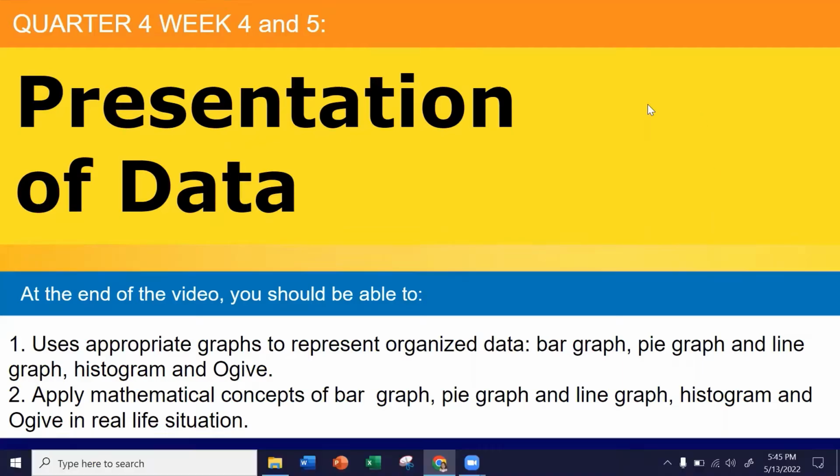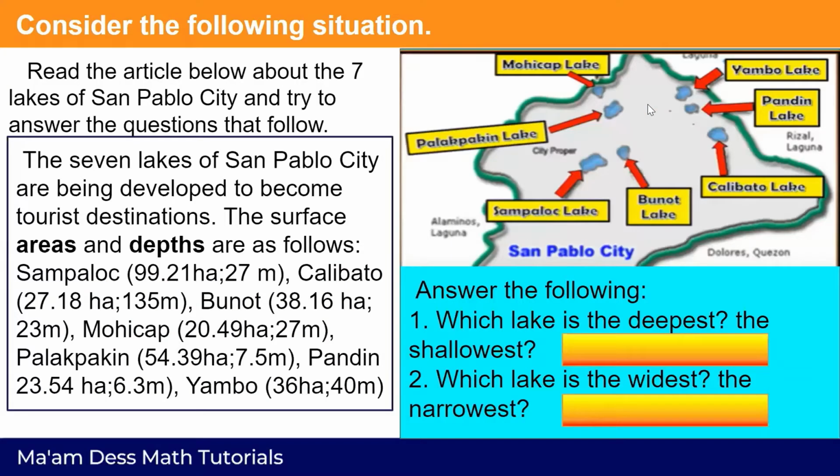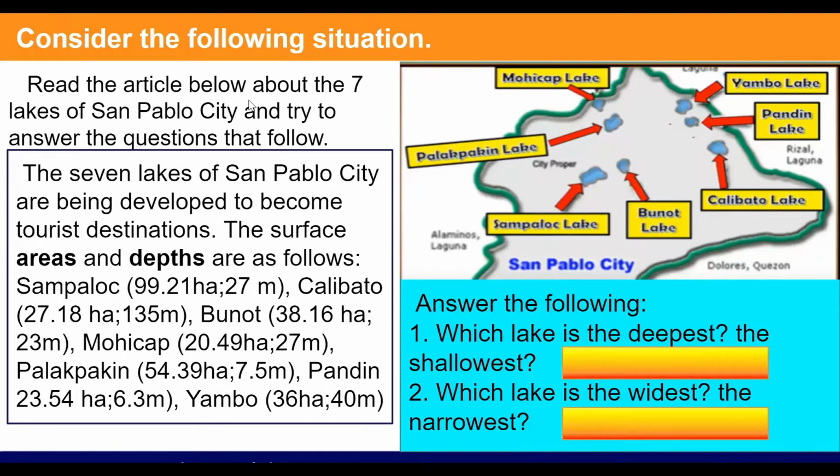Okay, so let's start from this situation. Let us consider the following situation below. Read the article below about the 7 lakes of San Pablo City and try to answer the questions that follow. The 7 lakes of San Pablo City are being developed to become tourist destinations.